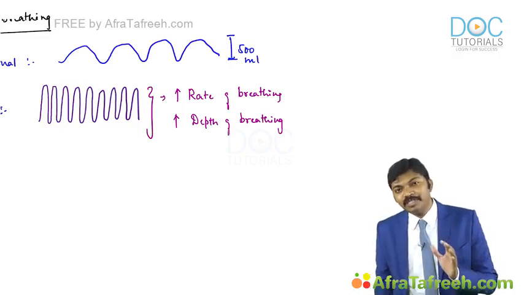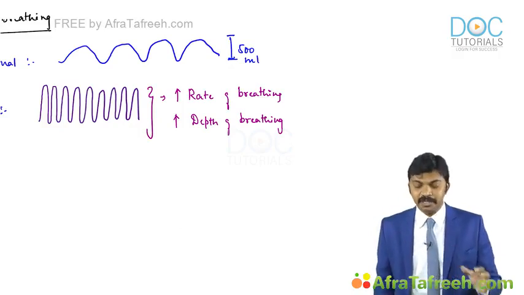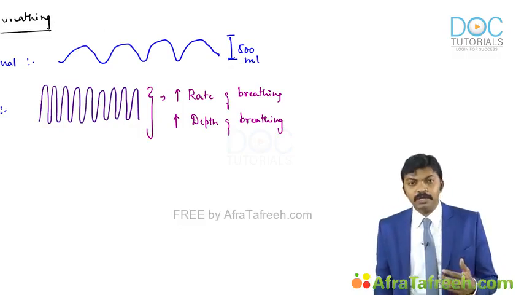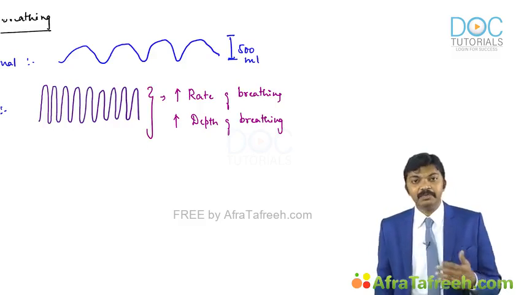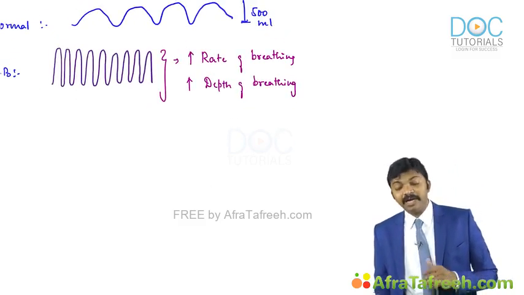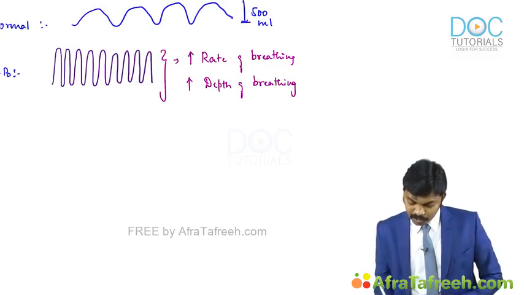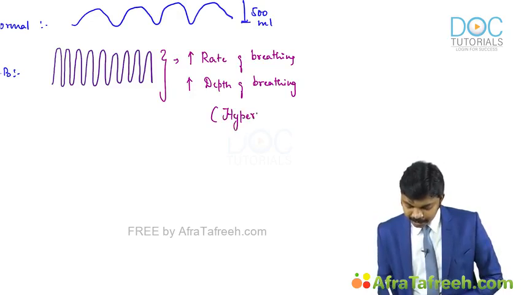When your question speaks about tachypnea, it means the rate of respiration alone is increased. When it includes the word hyperventilation, it speaks about the depth of ventilation. So, Kussmaul's breathing is more of a hyperventilation and not mere tachypnea.